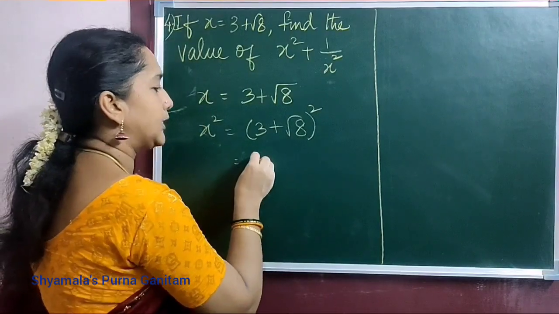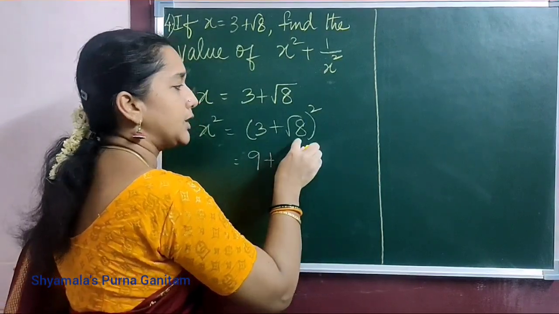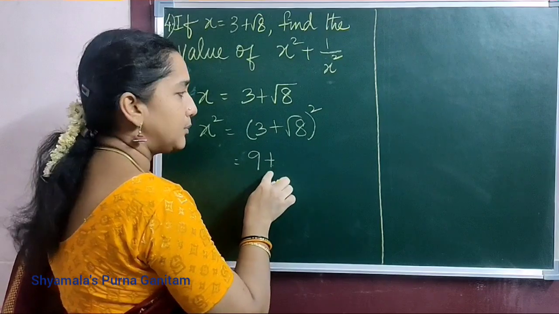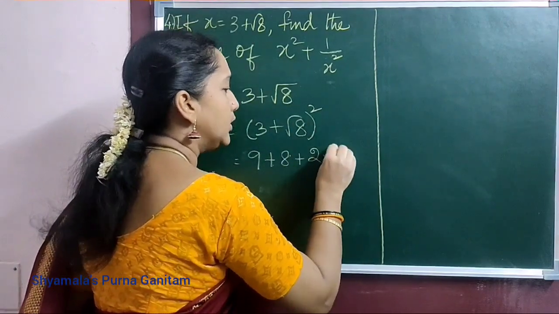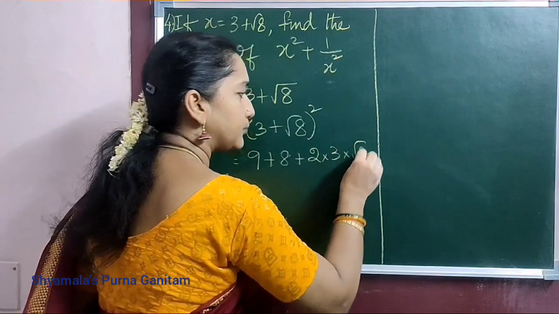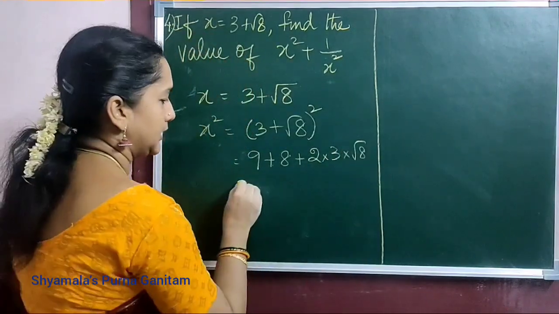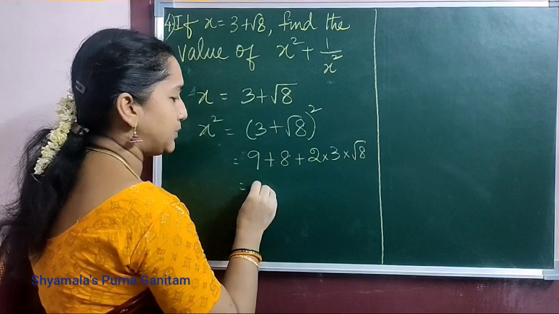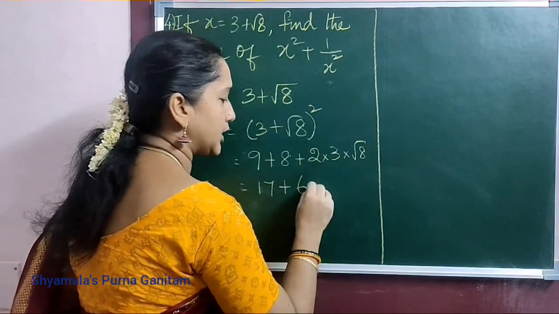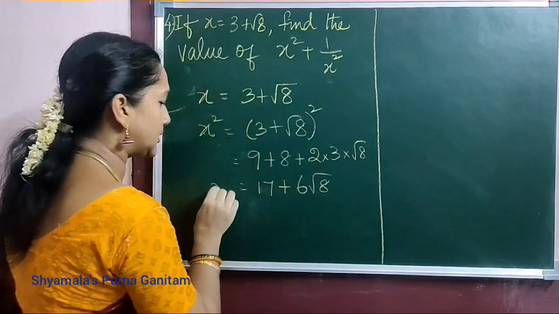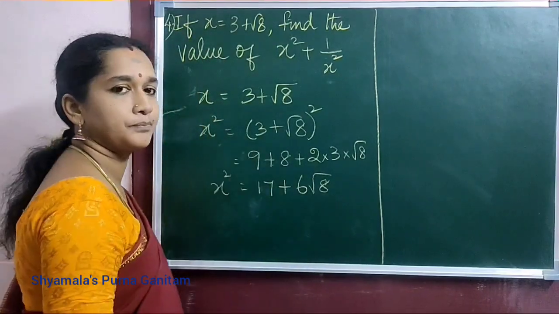So this is equal to 3 3s are 9 plus root 8 a squared plus b squared is 8 plus 2ab. So this is equal to 9 plus 8, 17, plus 6, 3 2s are 6, root 8. So this is your x squared value.